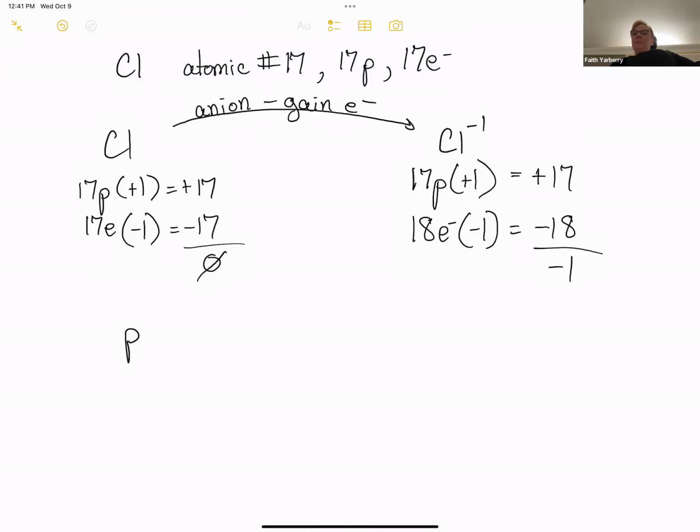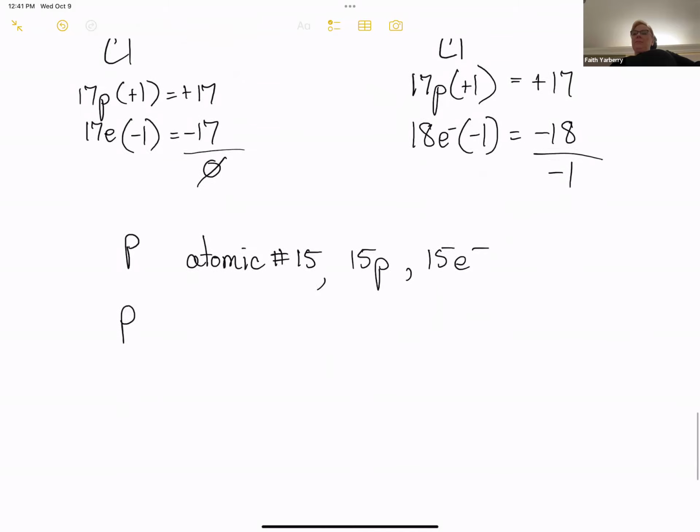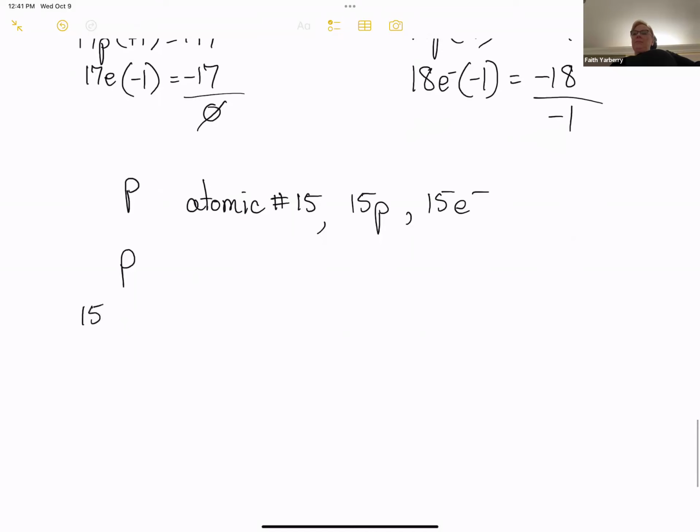Let's look at phosphorus. Phosphorus is atomic number 15, meaning it has 15 protons and 15 electrons in a neutral atom of an element. So P by itself has 15 protons at a +1 for a +15, and 15 electrons at a -1 for a -15 to give you a neutral atom. Phosphorus is a non-metal.